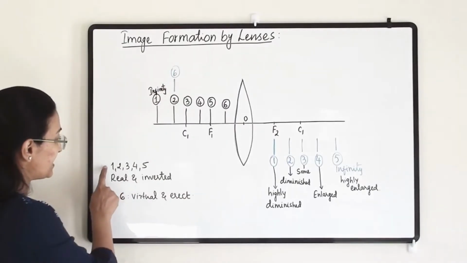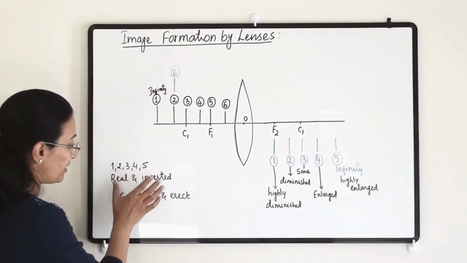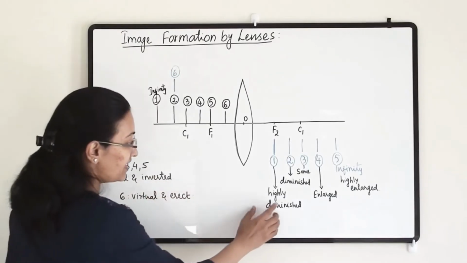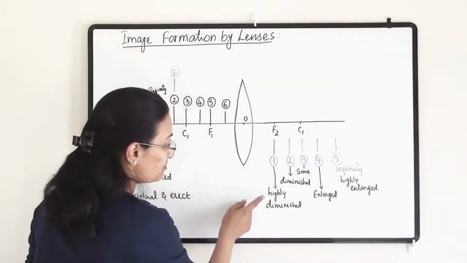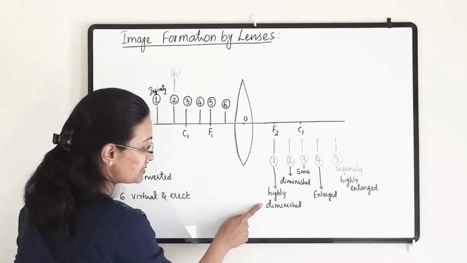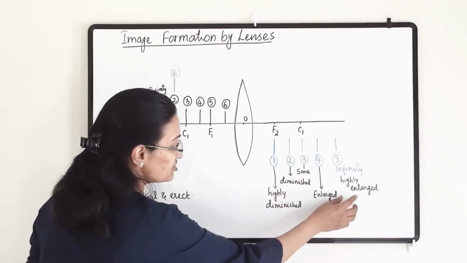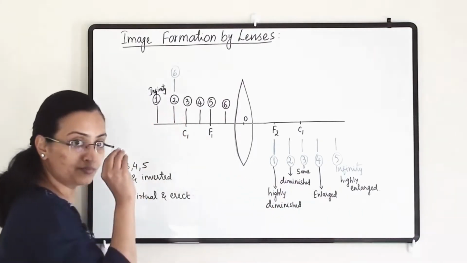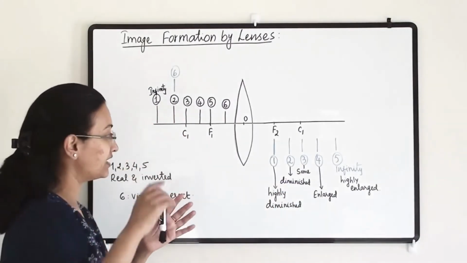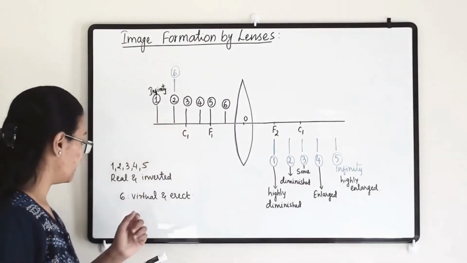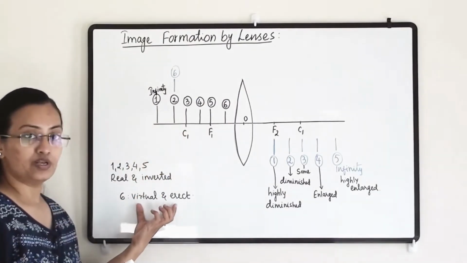So for cases 1, 2, 3, 4 and 5, all the images are real and inverted. And what will be the size of the image? For the first case it is highly diminished, then same size, enlarged and highly enlarged. So in size it is growing bigger, and at the last, the sixth one is virtual and erect.